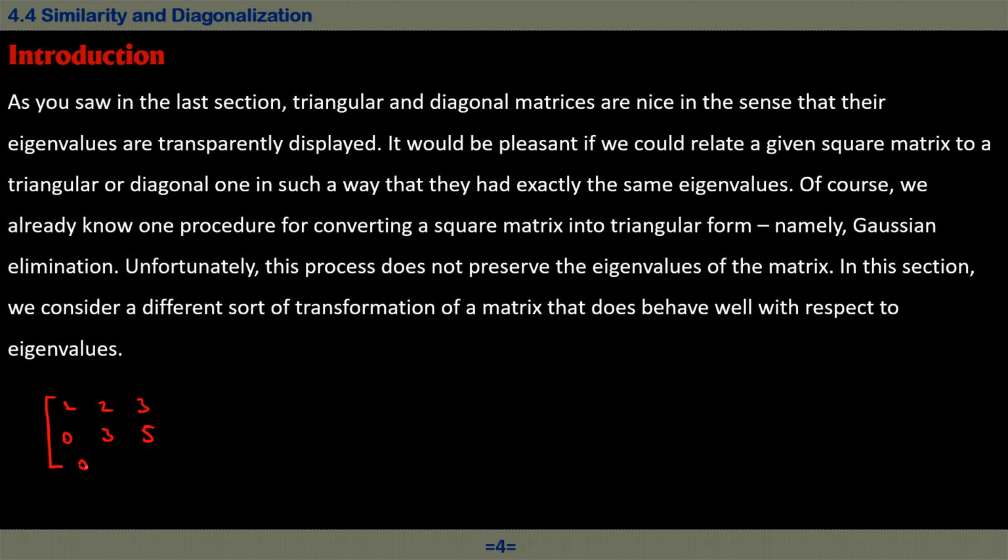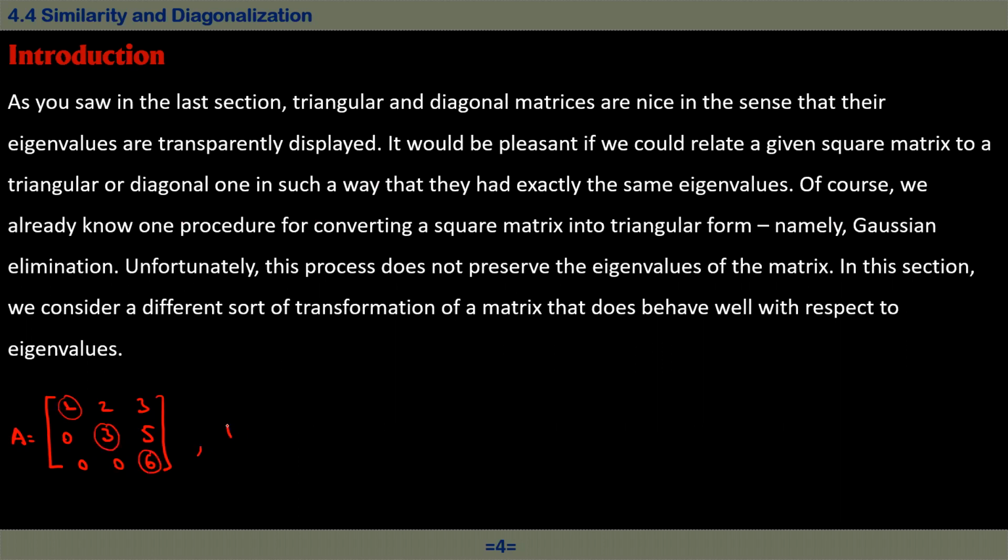Let's say 5 and 0, 0. Let's say 6. So if we have something like this, and here we can just find, let's say matrix A, what are the eigenvalues of this matrix? From here, we know that eigenvalues are the entries in the main diagonal, right?